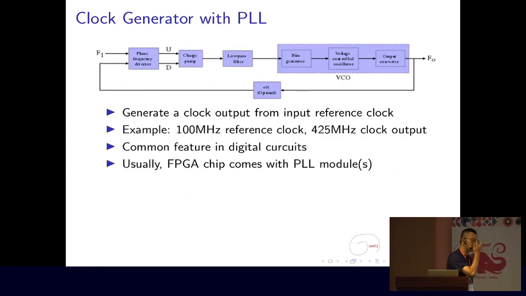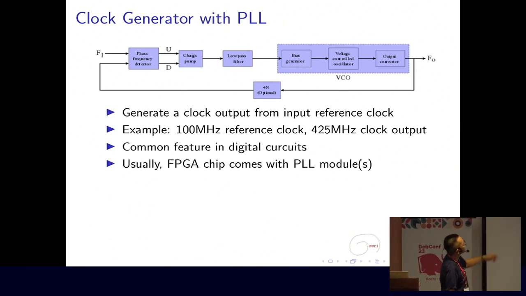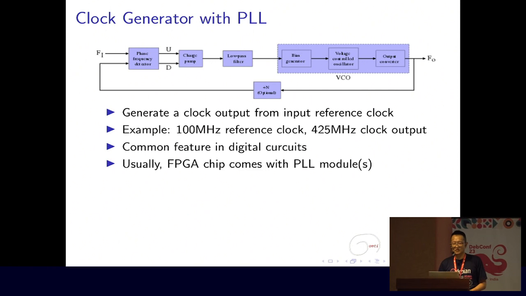And this is just the hardware part explaining a phase-locked loop. Phase-locked loop is quite a common technology in digital circuits. And usually an FPGA chip comes with PLL, multiple PLL modules. So it's common technology.